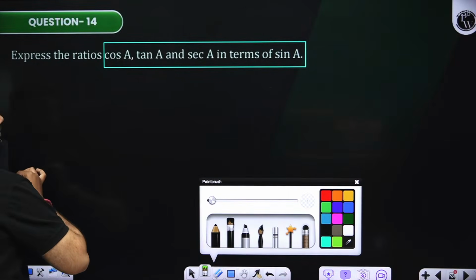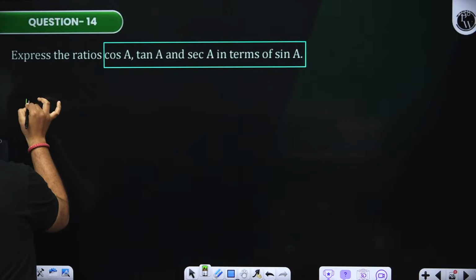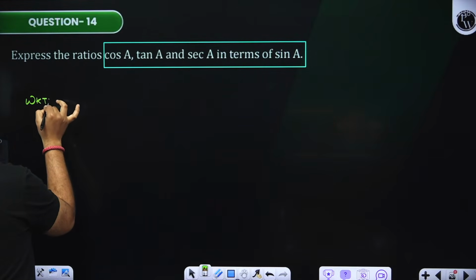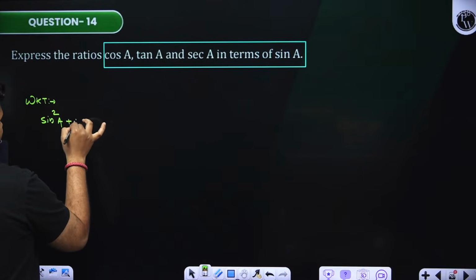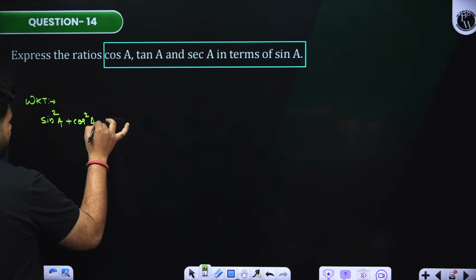Because what do we have? We know that sin square A plus cos square A is equal to 1. Clear?